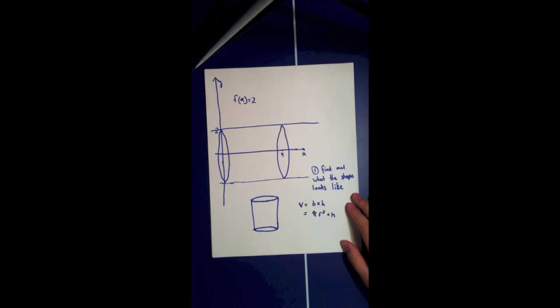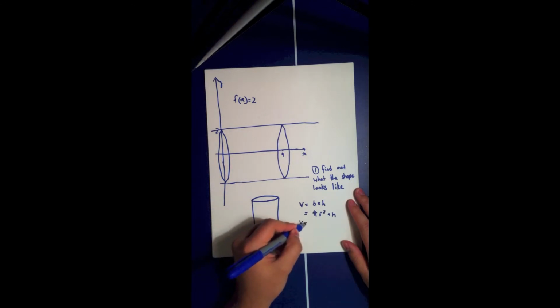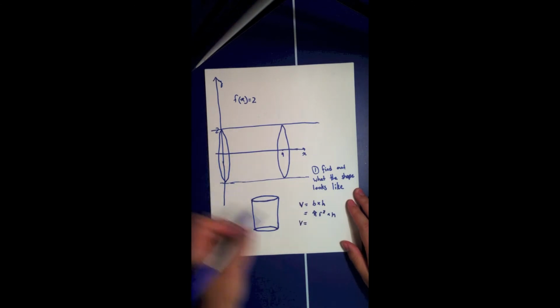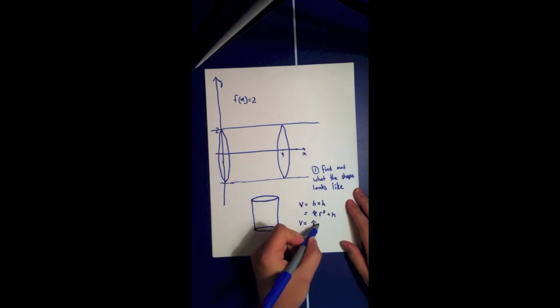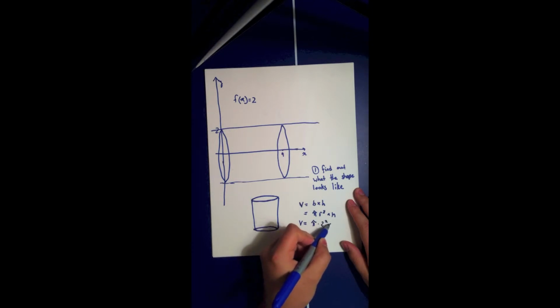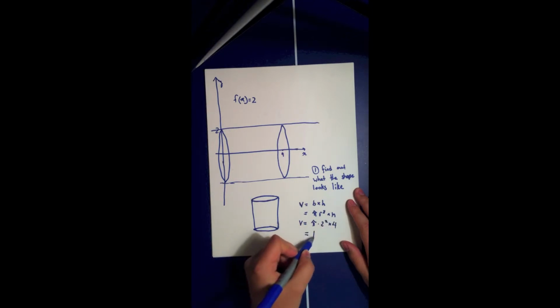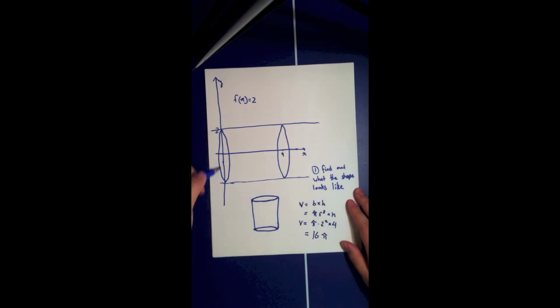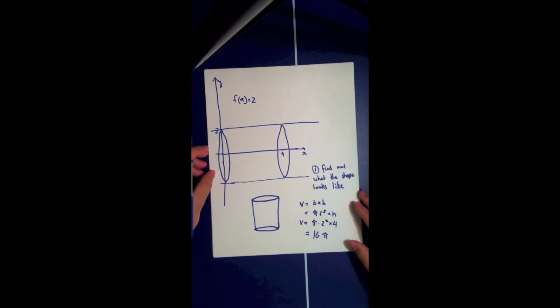And so, why don't we just find the volume of this thing using the geometry we know. So the volume of this is pi times 2 squared times 4, so that's 16 pi. Okay, that's the volume of this thing. So we found it, but that's not very interesting.